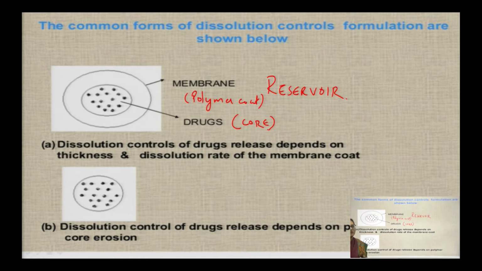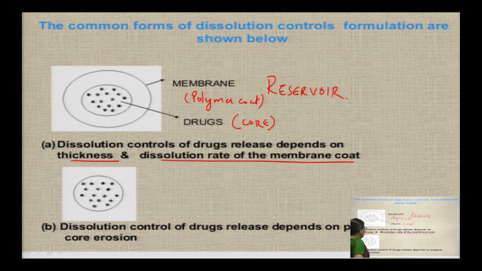And as stated earlier, the drug release will depend upon the thickness of the coat and the dissolution rate of the membrane coat. So, in case of a reservoir type of dissolution controlled system, the drug release depends upon two parameters. What are they? The thickness of the coating and the rate of dissolution of the coat.